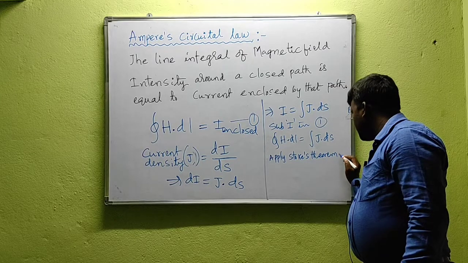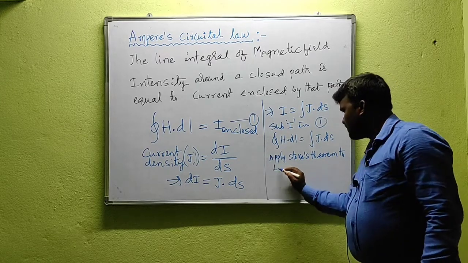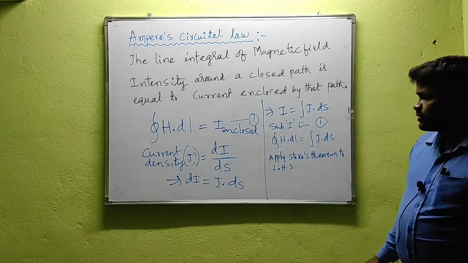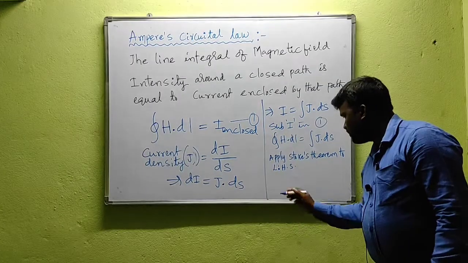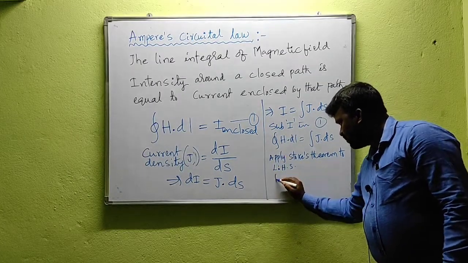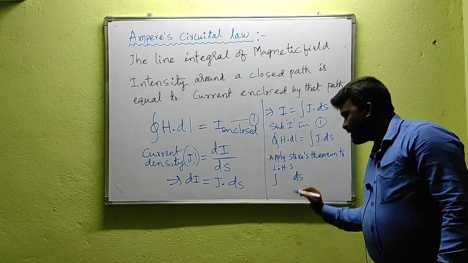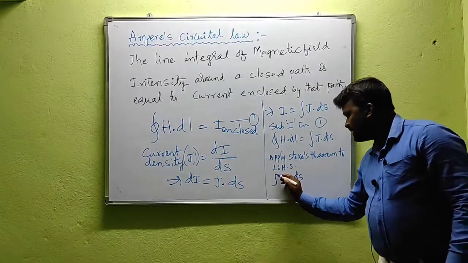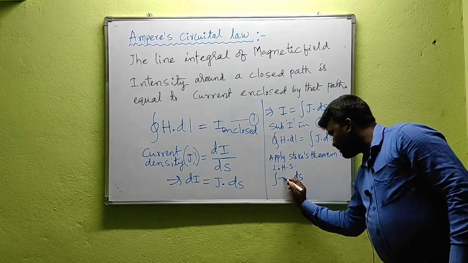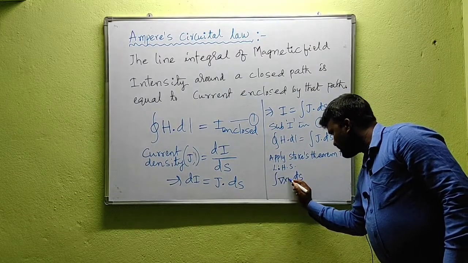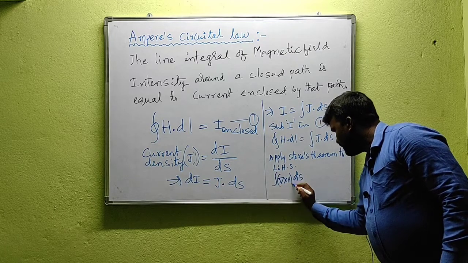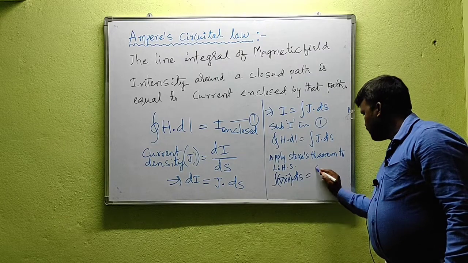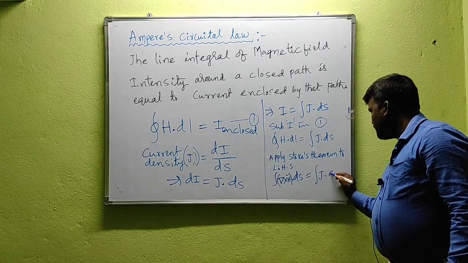Stokes theorem is used to convert a line integral into a surface integral, and the vector becomes its curl, that is integral del cross H dot dS is equal to integral J dot dS.